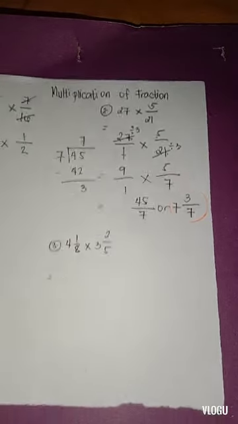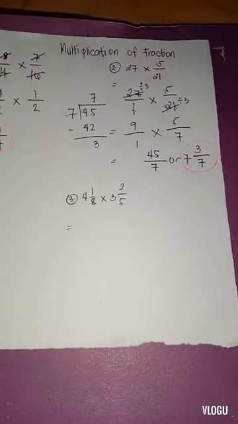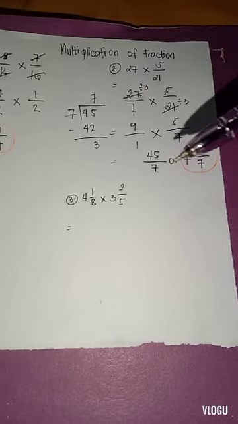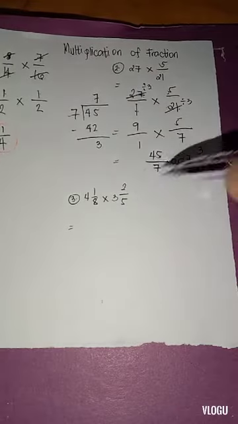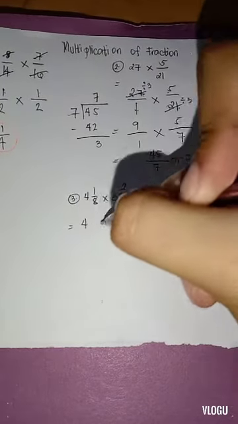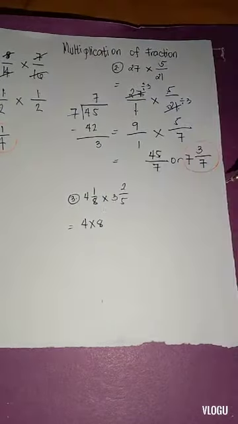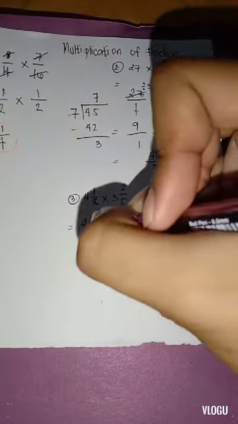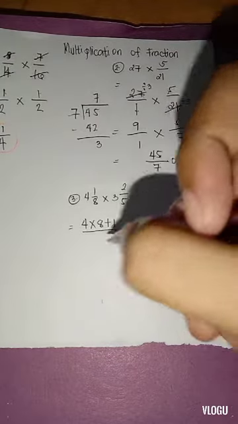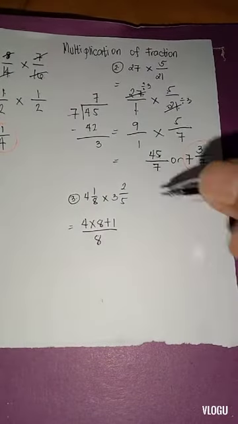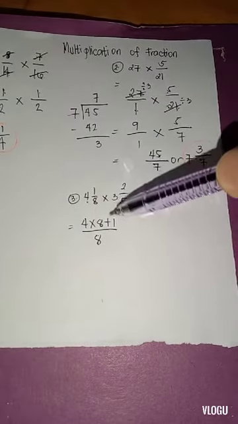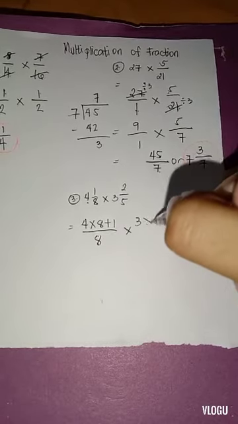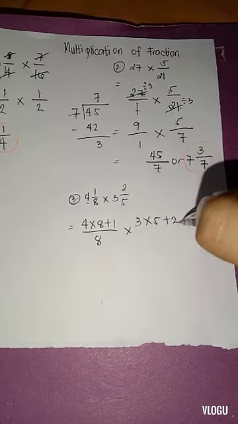Okay, so next, paano naman kapag mixed number naman? So in mixed number, so may procedure siya. So i-multiply natin muna yung whole number tsaka itong si denominator, and then we will add the numerator. So yan. So 4 times 8 plus 1 times 3 times 5 plus 2.